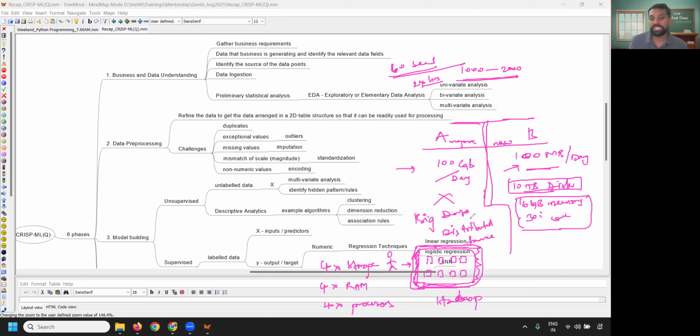So this is basically how the big data challenges can be addressed. If I have to increase the capacity of this machine, what I do, I add more machines to it, plug and play, simple. So I will never have a big data challenge if I have scalable hardware, right?